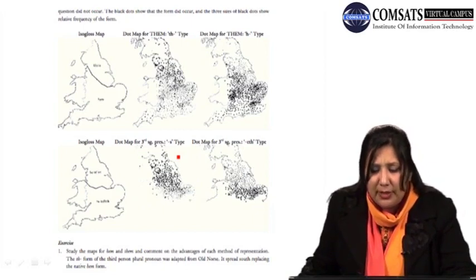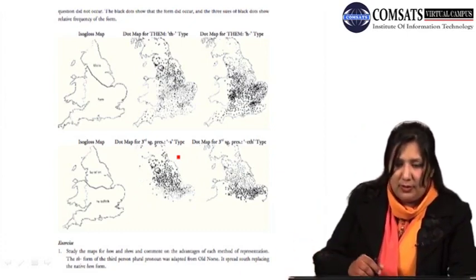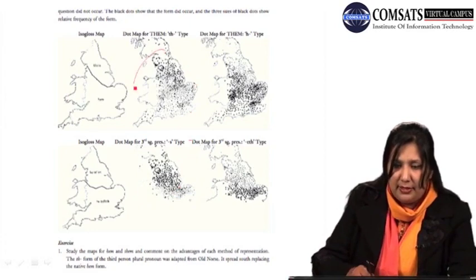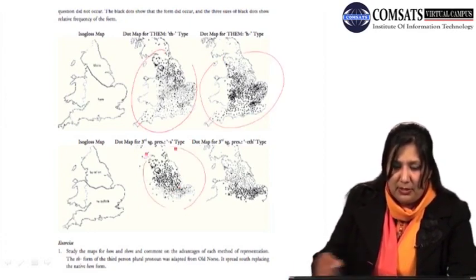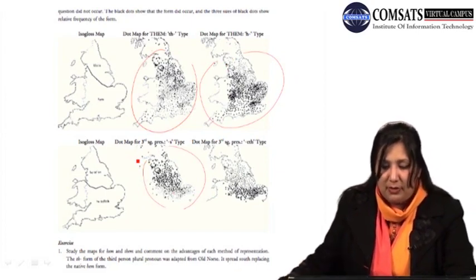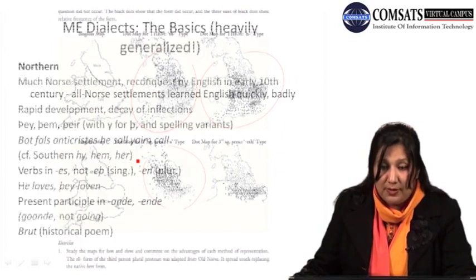Then there were many dots again in the third. It means that this map and this map are the good dot maps that have a lot of representation of the English language.